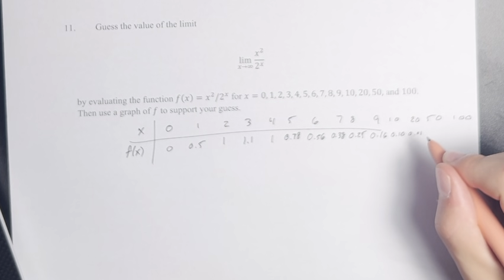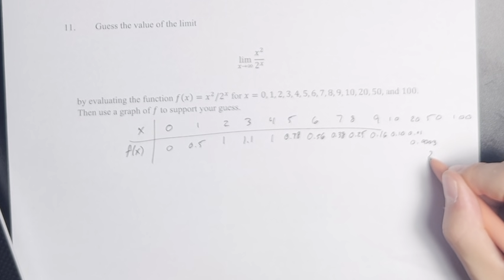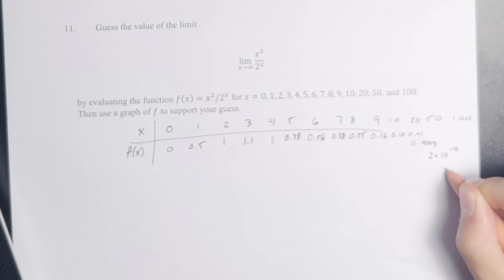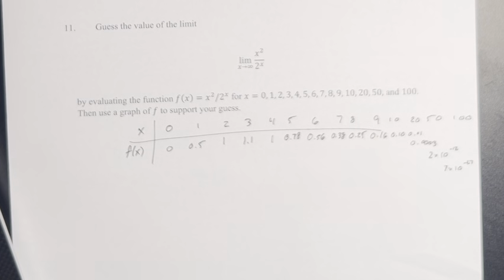We have 0.0003, 2 times 10 to the negative 12, and 7 times 10 to the negative 27. Sort of ran out of room there.